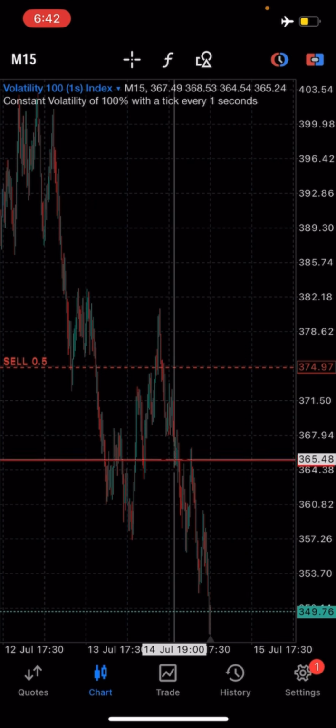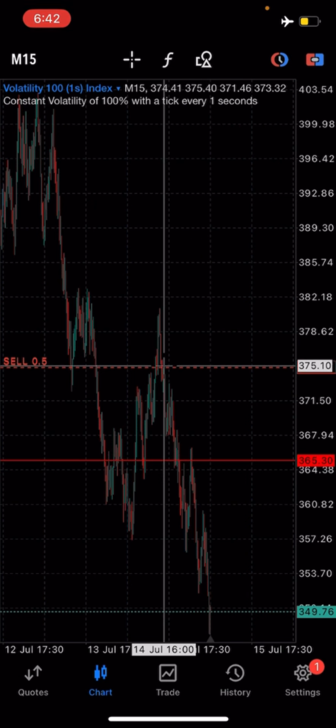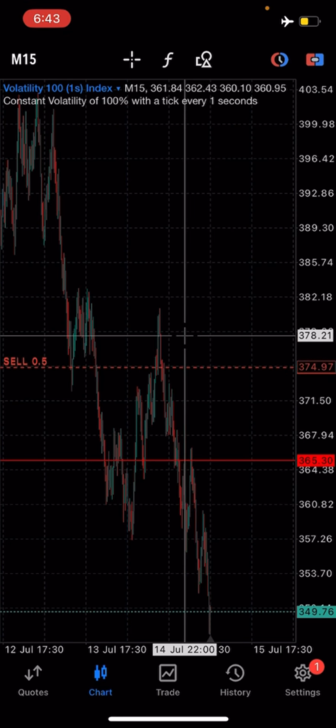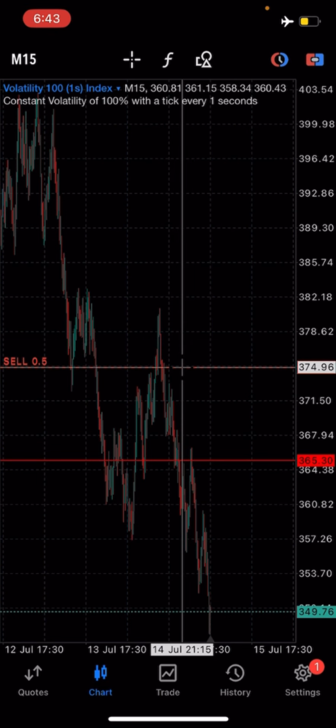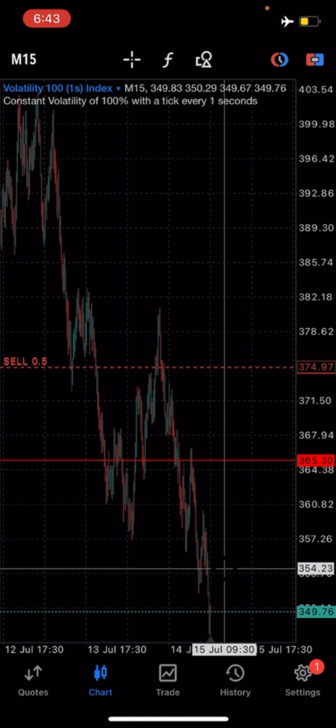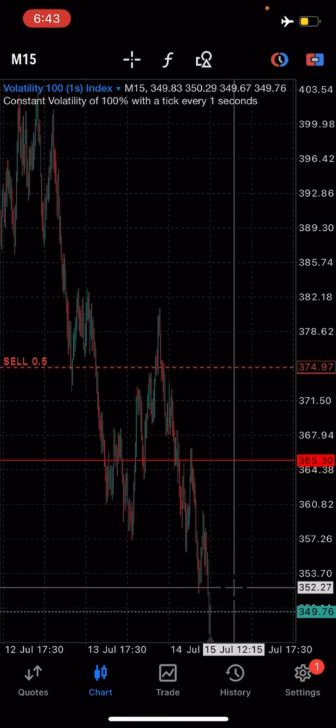I entered the trade around here, and as you guys can see, it was a sniper entry because there was no retracement all the way up here or anywhere. The moment I entered, it dropped, came back close to my entry level, and then continued dropping, and it's still dropping.